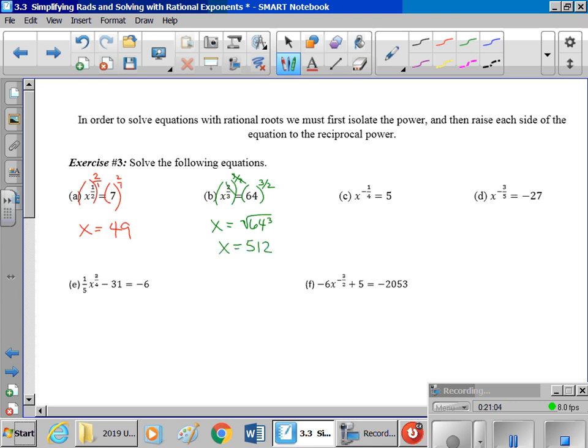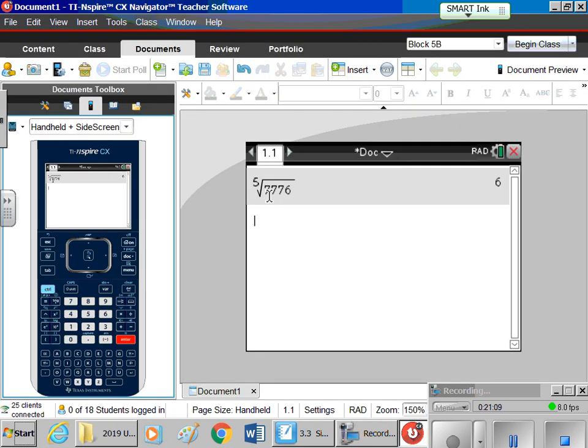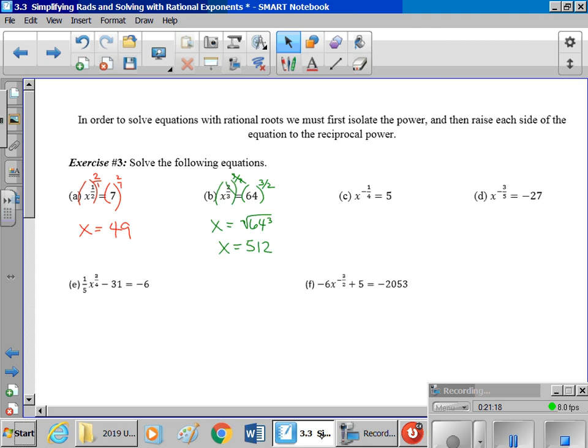And if you had just done 64 raised to the 3 halves, so if you had done 64 raised to the 3 divided by 2, you should still get the same number. So make sure you're paying attention to this one. This is raised to the negative 4 over 1.